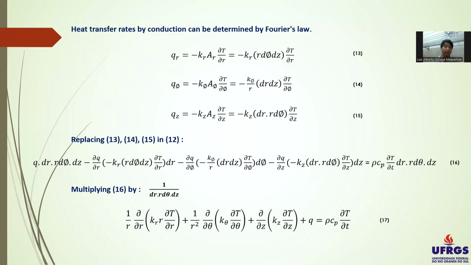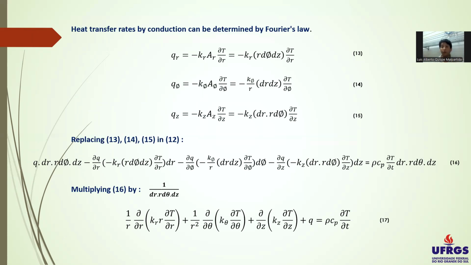Now we introduce Fourier's law, which gives us a relationship between heat flow and temperature gradient. This law is fundamental and states that heat moves naturally from regions of higher temperature to regions of lower temperature with a rate proportional to the thermal gradient. Fourier's law is equal to the product of the thermal conductivity of the material, the area, and the temperature variation with respect to distance.